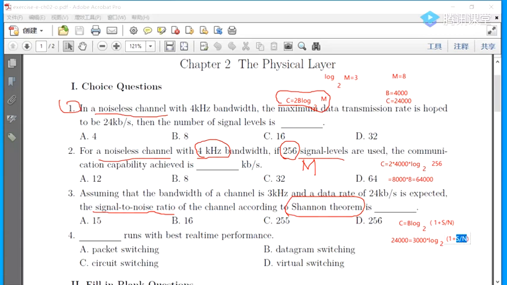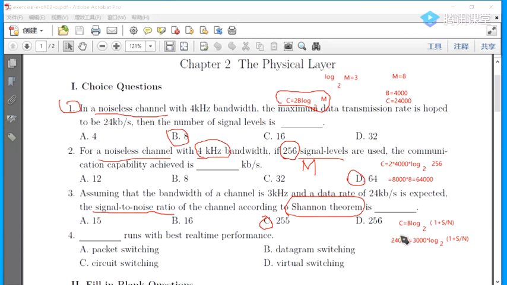So S over N is 255, right? The answer to question 3 is C, 255.